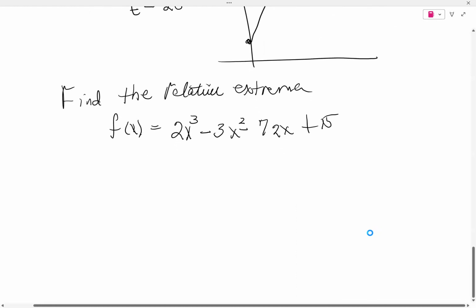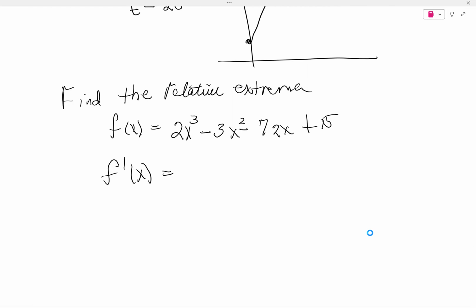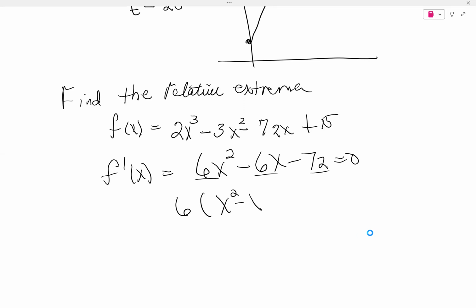And so we find that first derivative. Once again, this is going to leave us with 6x squared minus 6x minus 72 equal to 0, which we can now factor. I know 6 goes into all three of these terms. So if I take out 6, I end up with x squared minus x minus 12, and all of this is equal to 0.